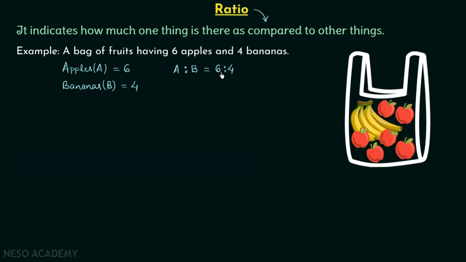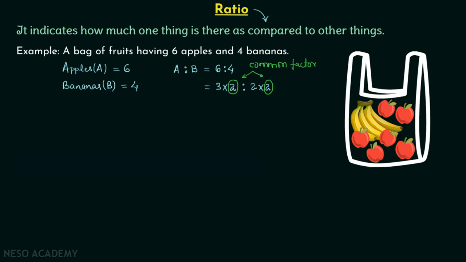Now when you observe 6 and 4, you will find 6 can be written as 3 multiplied by 2, and 4 can be written as 2 multiplied by 2. Here you will find 2 is common, and we call this 2 the common factor, and this common factor is usually not present in the ratio.